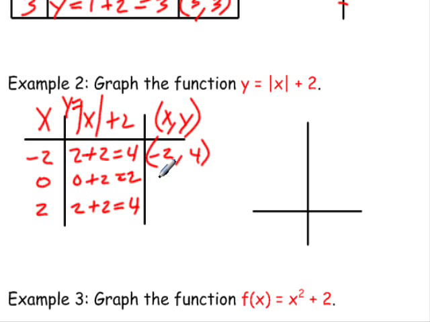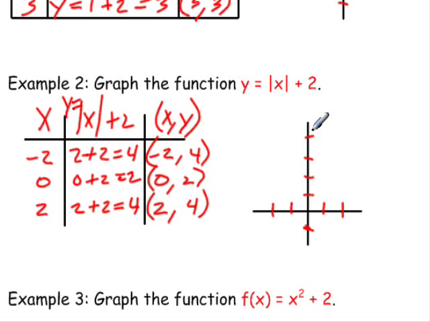Okay, so our coordinate points now will be -2, 4, 0, 2, and 2, 4. Okay, so let's take a look at that on the graph. Okay, so we've got back 2, forward 2. I kind of cheated and knew that my graph was going to be up above, so you may not have known that ahead of time.